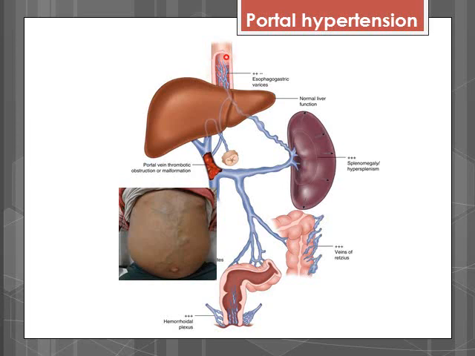Esophageal varices are susceptible to trauma, and once damaged may bleed profusely, requiring urgent surgical intervention.